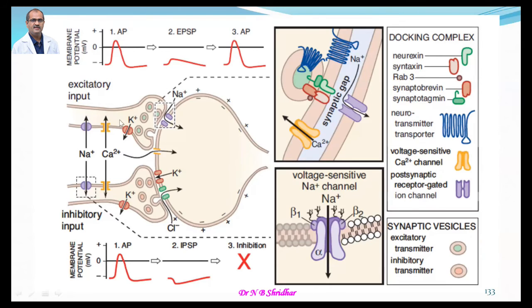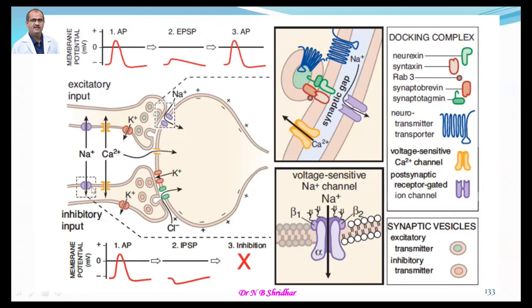Because of this, the excitatory postsynaptic potential is produced. The excitatory postsynaptic potential is initiated, and then the action potential is propagated.